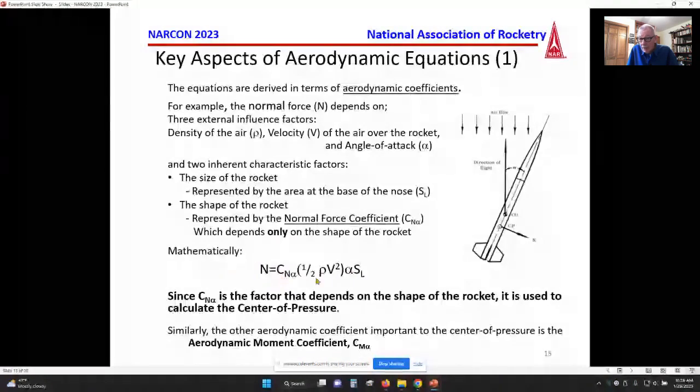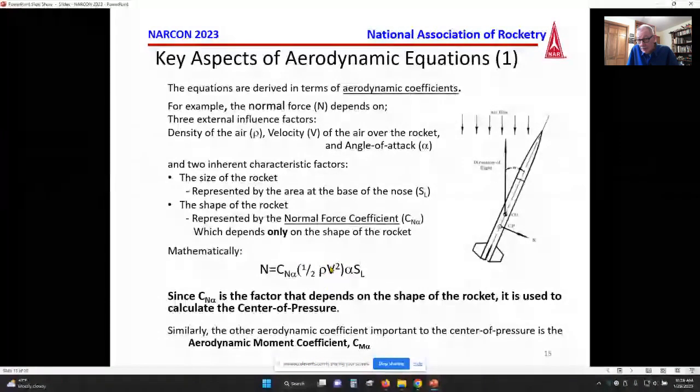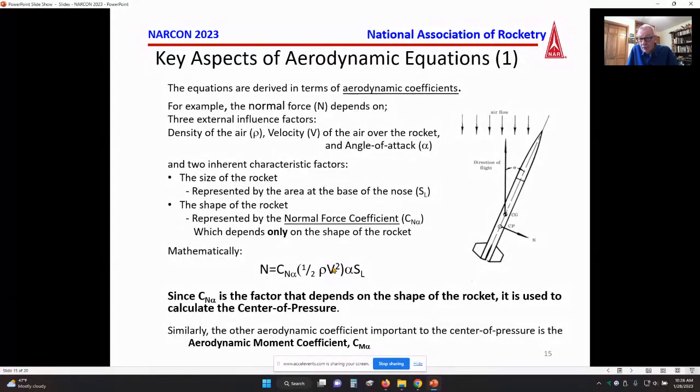The shape of the rocket times the dynamic pressure. This is the density times the velocity squared. You've heard in the past, I think, that the velocity squared is the way that the air really affects you through velocity. And the combination of density and the velocity squared provides the dynamic pressure.